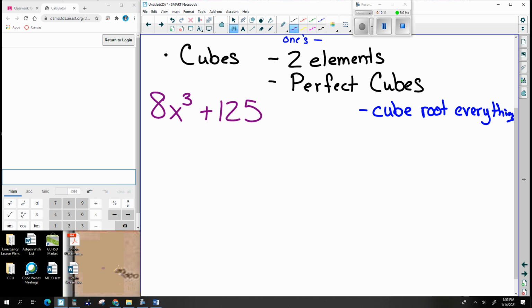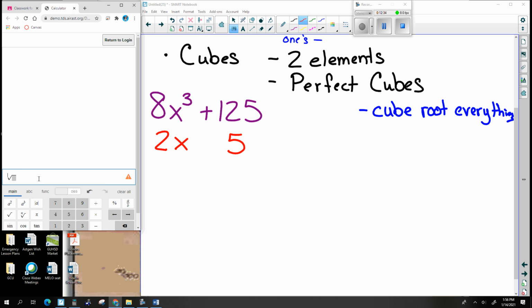So that means this is a 2, this is an x, and this is a 5. If you don't know how to cube root, or if you're anxious about this, you can use your Desmos calculator. How you find a cube root is this. If you see my cursor down here, it's that nth root button.